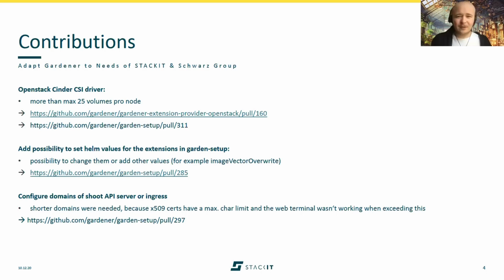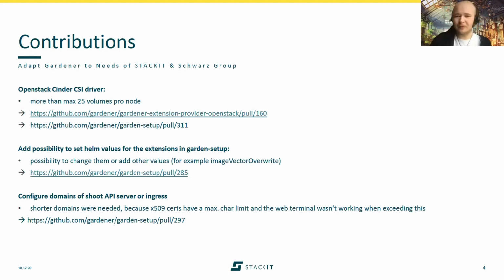The next cool thing was to add the possibility to set Helm values for the extensions in the Garden setup. So we use it, for example, to set the image vector override to use our own image registry. And another thing we did was to configure the domains of the shoot API server, because there is a maximum of characters within the X509 certificate, which led to an error that the web terminal wasn't working.